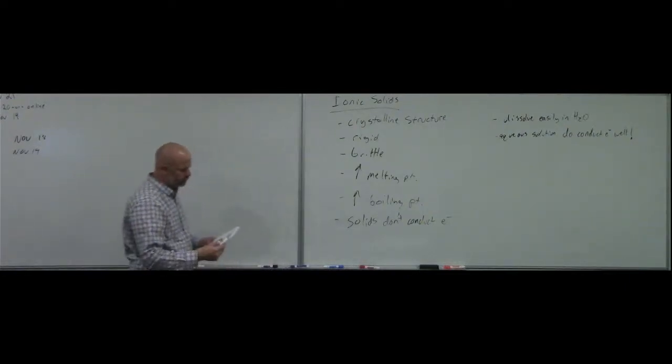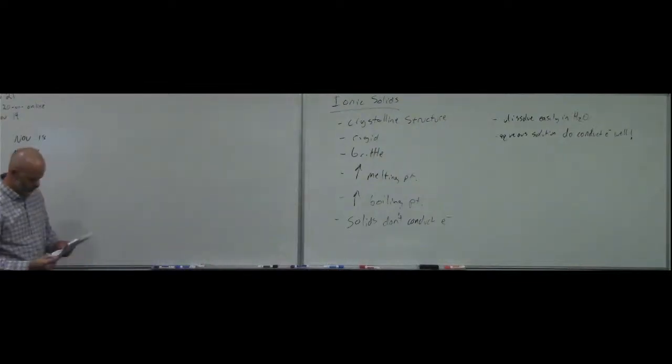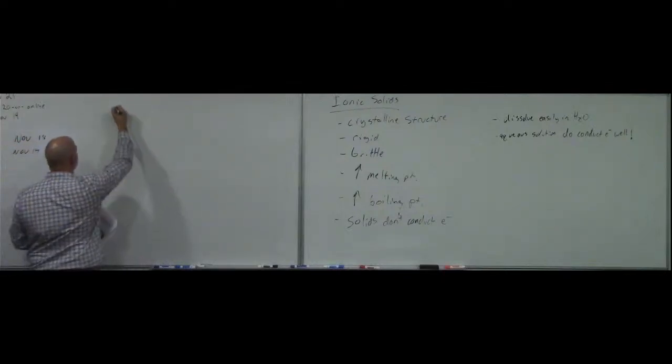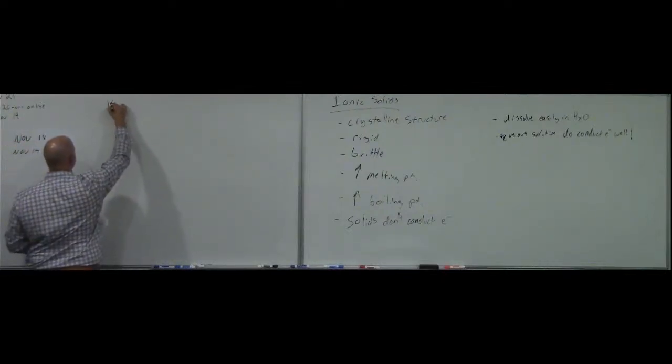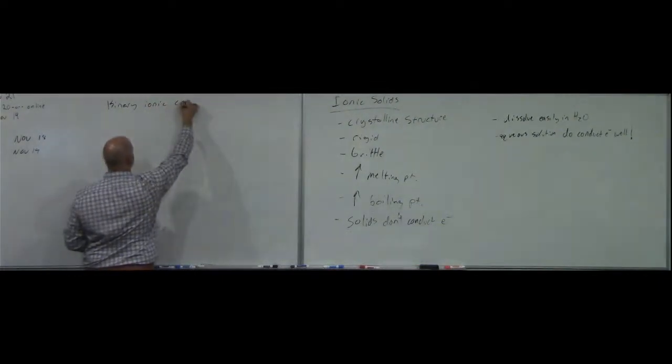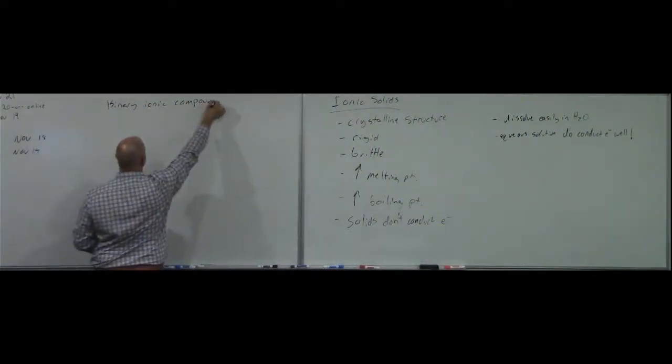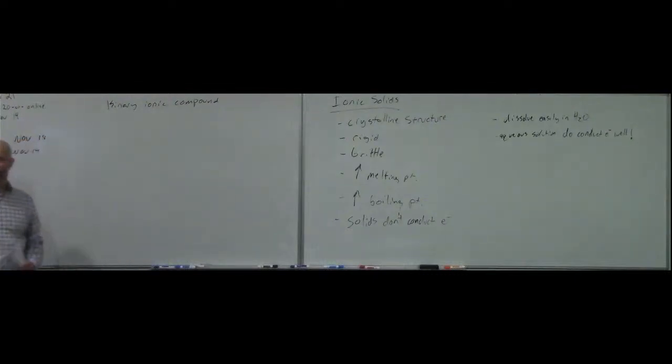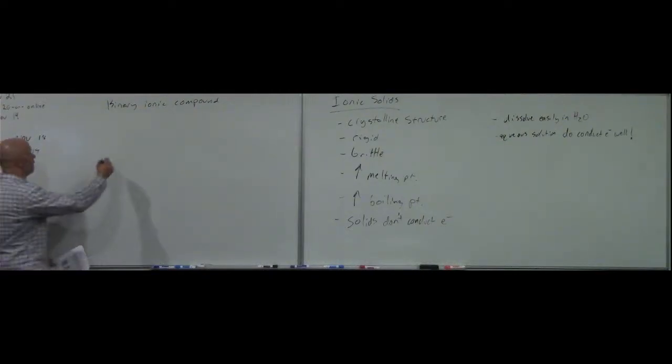All right. This concept of a binary ionic compound, tell me what that's going to mean. Just two. Name one, you know, this famous one we talk about all the time. Table salt, NaCl, right?